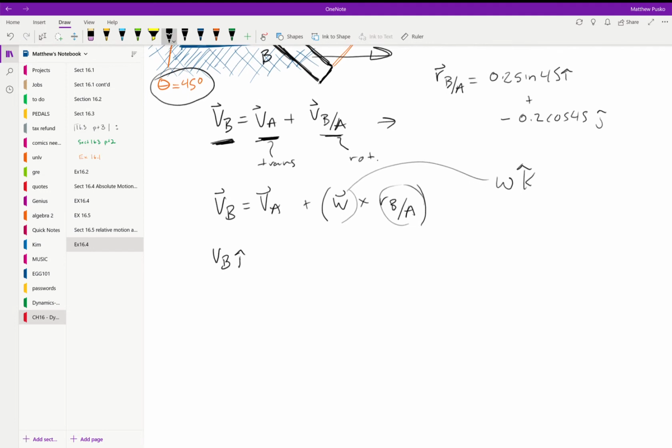So I'm going to tag a velocity of B in the I direction onto it, because B has to be moving in the I direction.